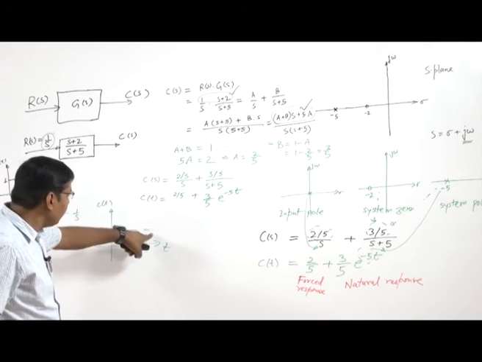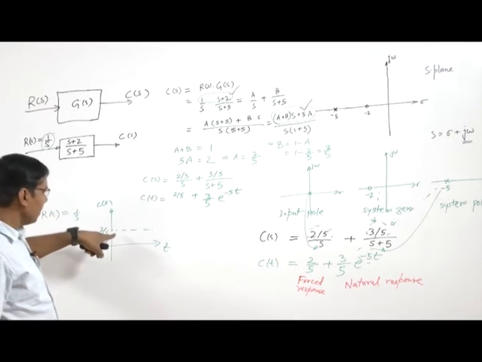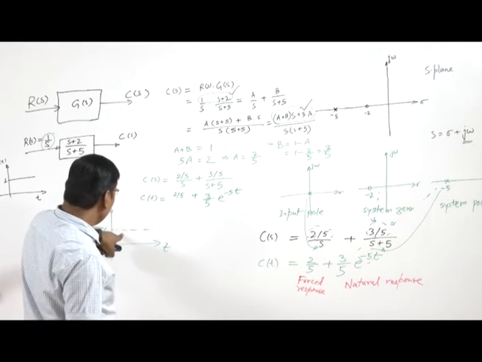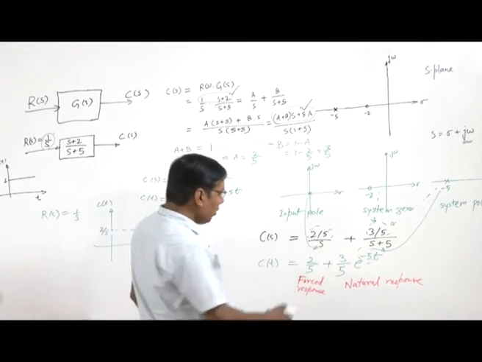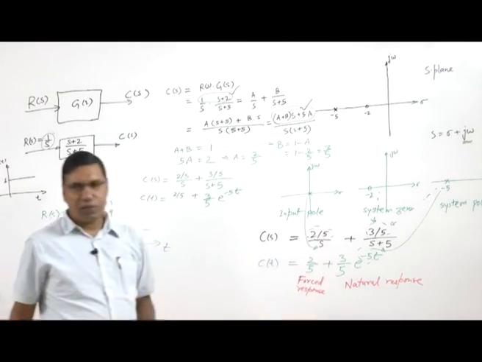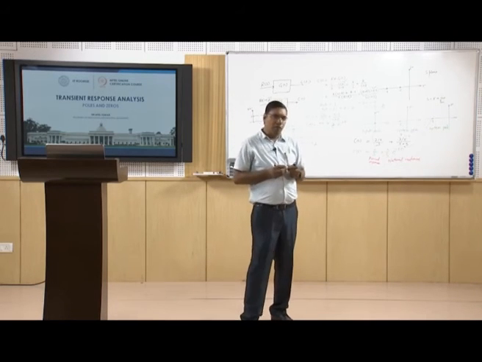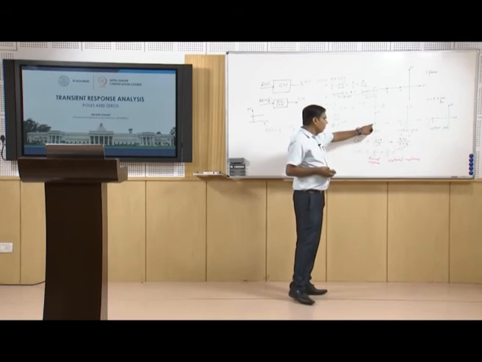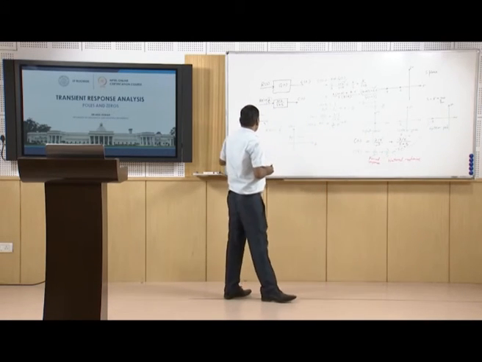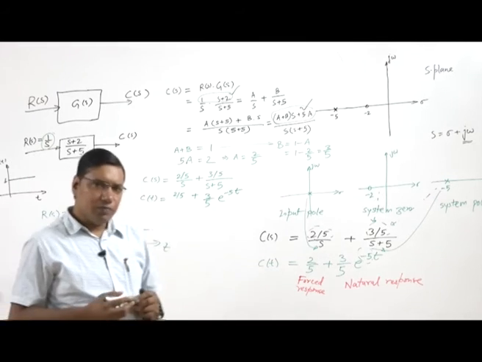But the form is similar, because the input is a step function and the output is also a step function. So the form of the forced response is governed by the pole of the input function, and the pole of the input function depends on the form of the input.